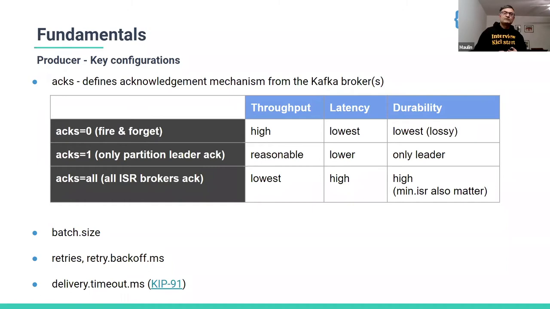With acks=1, what it guarantees is that the leader of the partition to which the producer is sending the message is going to acknowledge that it got the message successfully. This is probably the most commonly used configuration, I would say. If you need reasonable durability guarantees with low latency and reasonable throughput, not like acks=0, which is totally bad, but not like the third configuration, acks=all, where you need very high guarantees of durability.